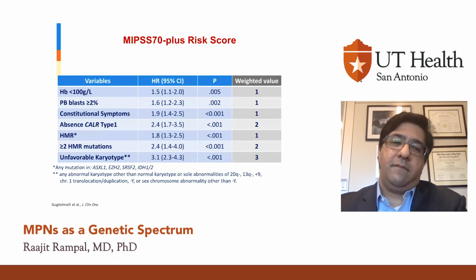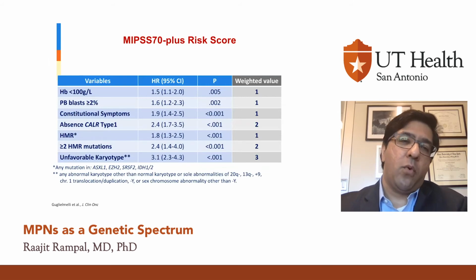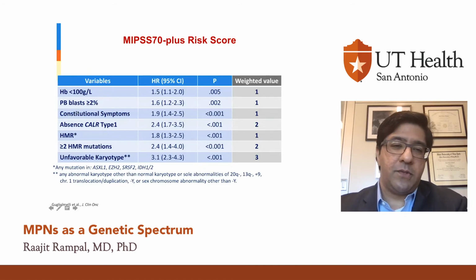And in fact, this has now been incorporated into a number of different scoring systems, but here I'm showing you an example, the MIPS-70, which is a mutation-enhanced scoring system, taking into account important clinical variables that have held up across different scoring systems, as well as the genomic profile.